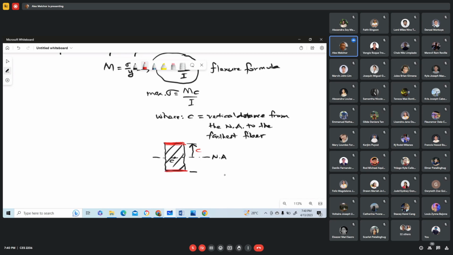Also here, this fiber is subjected to maximum flexural stress. So because the neutral axis is an axis of symmetry, that distance c above the neutral axis is also the distance below.